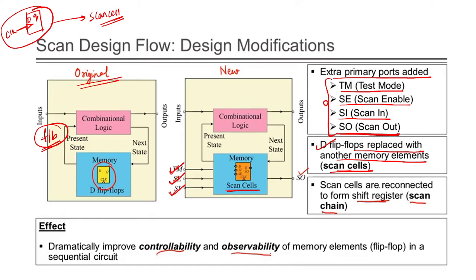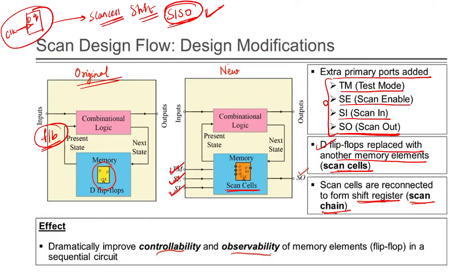Scan cells are reconnected to form a shift register, like the SISO we already saw, serial in serial out. So the scan cells are connected like a shift register.